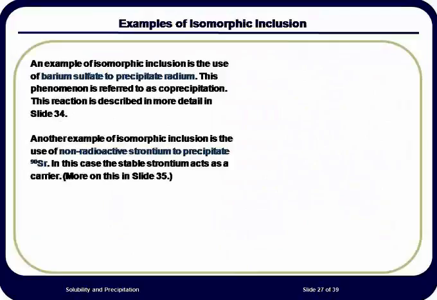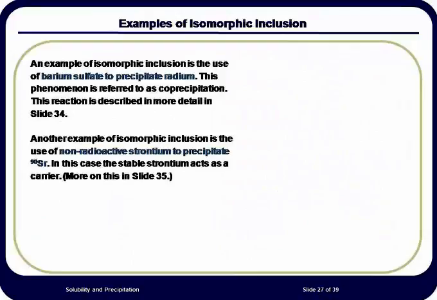Isomorphic inclusion occurs in the precipitation of radium with barium sulfate. The radium is chemically similar to barium, has the same ionic charge, but is slightly larger. This would lead to a slight distortion in the crystal structure, but otherwise would fit in. In this case, the KSP of radium is not exceeded, and the radium co-precipitates as a result of the isomorphic inclusion.